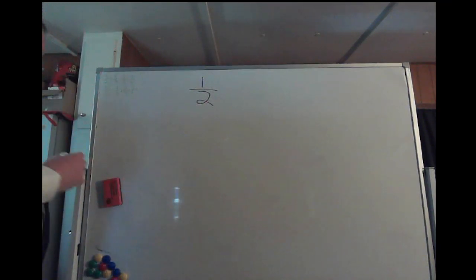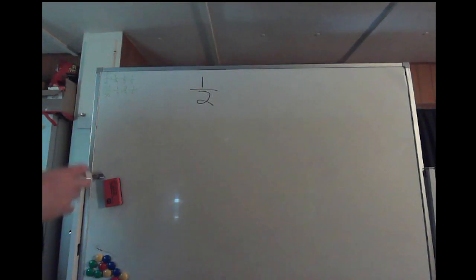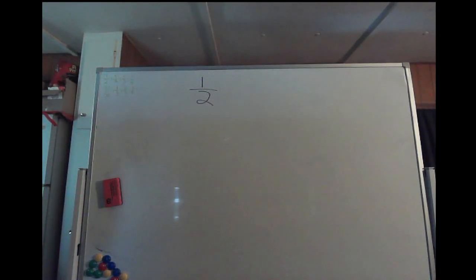Well, you have 1/2 as a fraction. How would you convert that to a decimal? Well, if you can, the biggest thing you want to do is get the denominator to have a power of 10, such as 10, 100, 1,000, what have you.